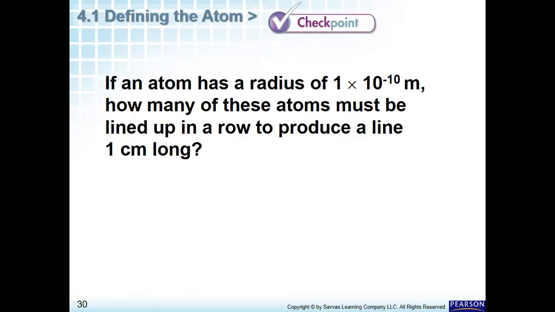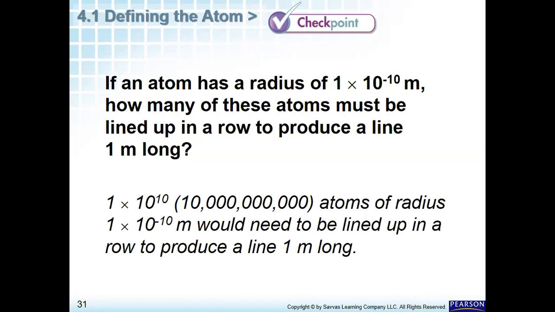So let's do some calculations here. I know that calculations sometimes get difficult, but this is very easy. If you have a line 1 centimeter long of atoms, and the radius of one atom is 1 times 10 to the power negative 10 of a meter, then you have around 1 times 10 to the power 10 atoms of radius 1 times 10 to the power negative 10.